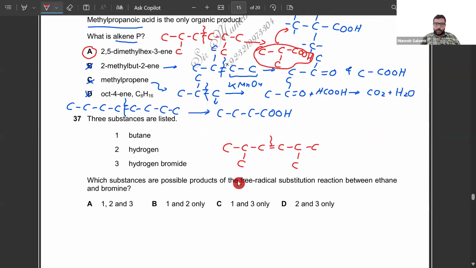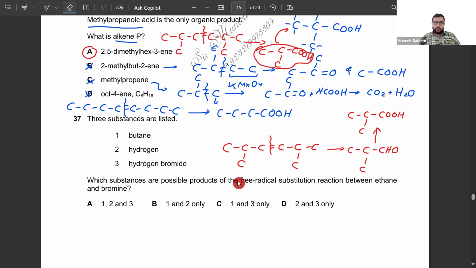And we had to cleave the compound from this point, and when it cleaved, it produced initially the aldehyde like this, and that was then later on converted into the carboxylic acid, and that is the actual answer.